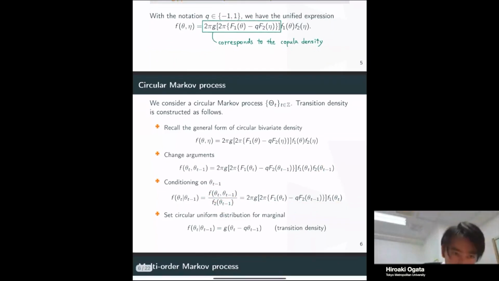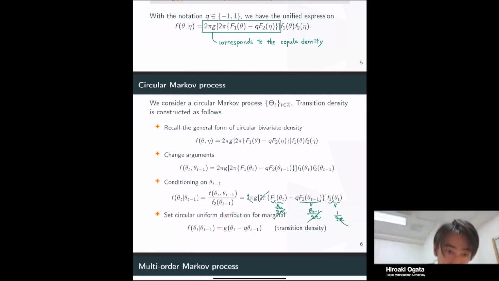Finally, we set the marginals as circular uniform distributions, so each becomes 1 over 2 pi, for theta t and theta t minus 1. So here cancels out, and here cancels out, and we get a very simple form.